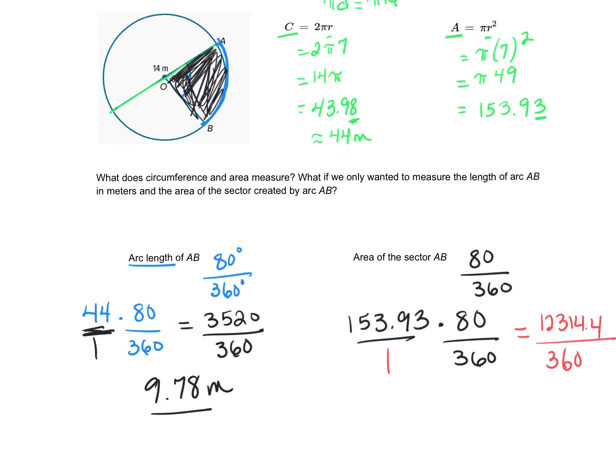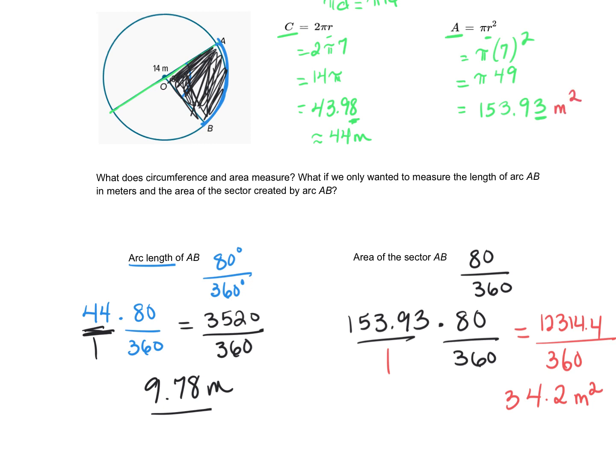So when I divide my numerator of 12,314 by 360, I get a total of 34.2 meters squared. And I should have added meters squared up here. Sorry about that.